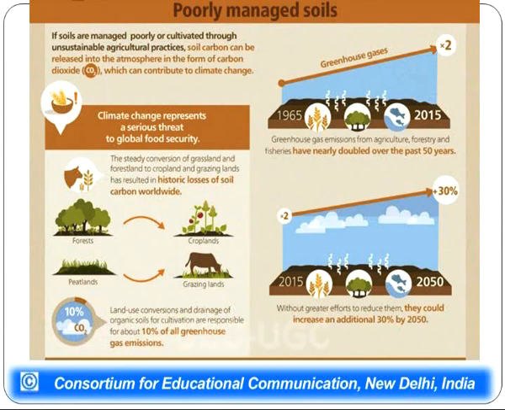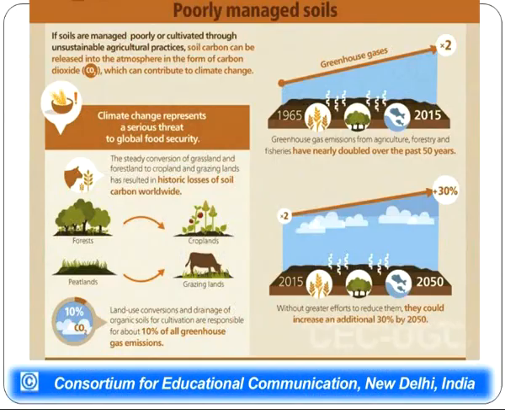Africa is one example, mountainous regions are examples. So, a steady conversion of grassland and forest land to cropland and grazing lands has resulted in historic losses of soil carbon worldwide. Such type of conversion requires careful geographical inquiry.